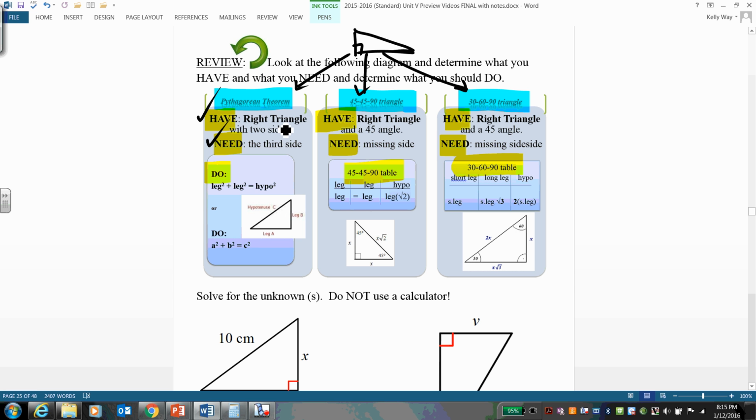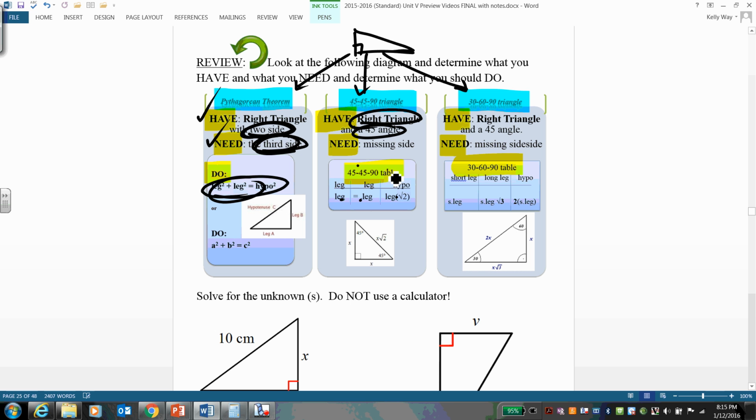So if you have 2 sides and you need a 3rd side, you do Pythagorean theorem. If you have a right triangle with a 45-degree angle, you do the 45, 45, 90: leg, leg, leg root 2.